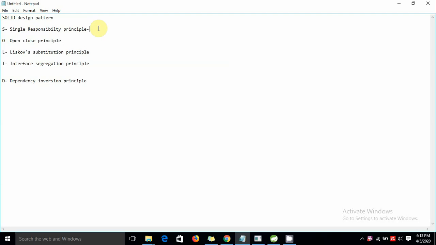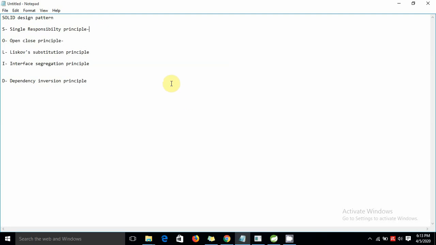That means if we are creating a class, suppose we have a banking domain project and we create a class which will work for interest calculation, then that class should have only those methods which are used for interest calculation. It should not contain methods used for any other behavior like account opening.